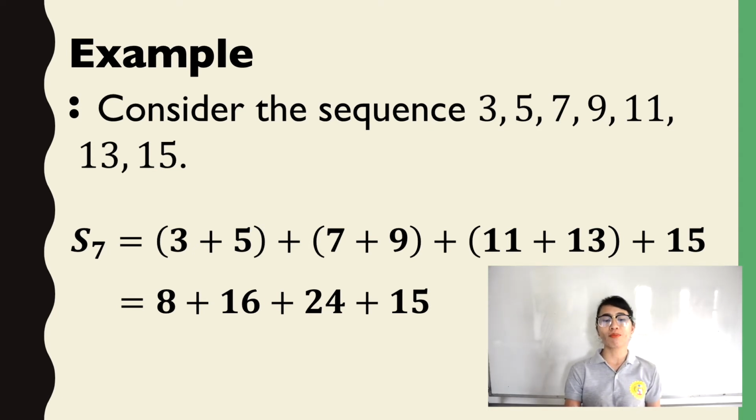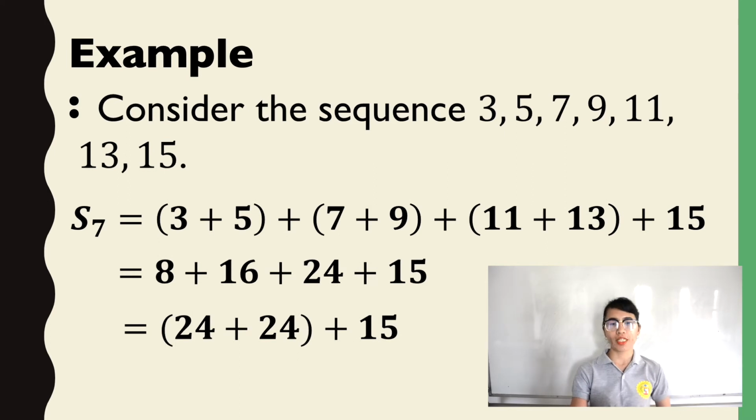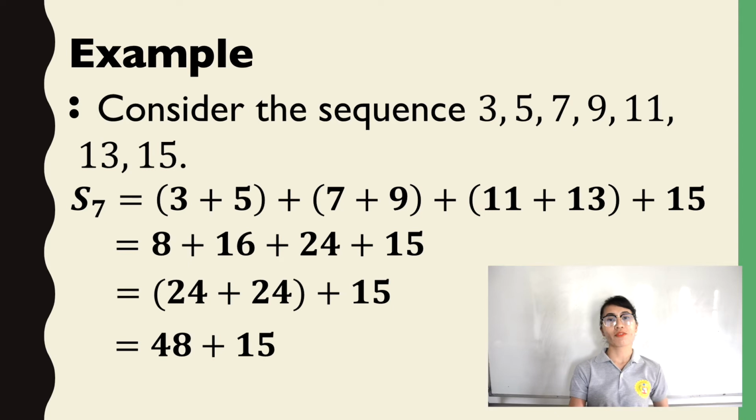Using the associative property of addition, we have S sub 7 is equal to the quantity of 3 plus 5 plus the quantity of 7 plus 9 plus the quantity of 11 plus 13 plus 15. Then simply add. So we have 3 plus 5 is 8, 7 plus 9 is 16, 11 plus 13 is 24, then plus 15.